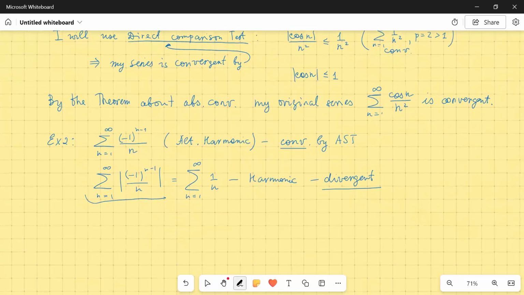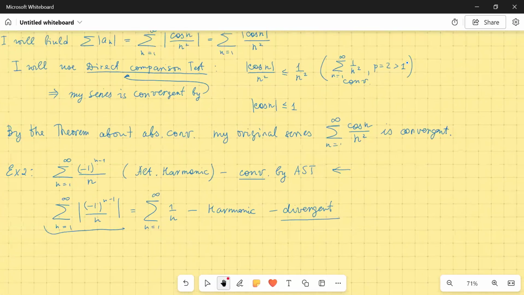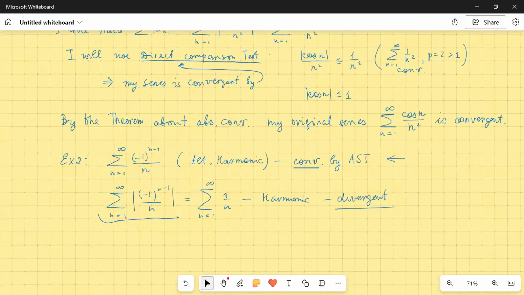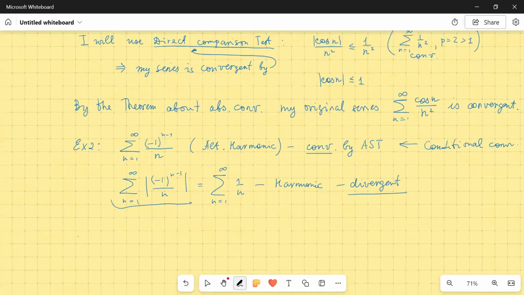This type of convergence is going to be called conditional convergence. So I'm going to say conditional, and I'm going to give a definition. One more definition here. We have absolute convergence and we have conditional convergence.